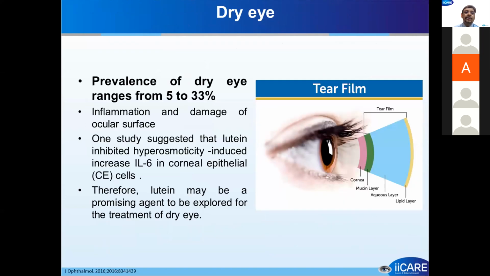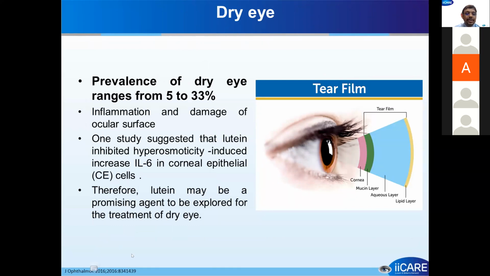Now, as we know, the prevalence of dry eye is increasing, and one of the reasons, again, is the increased screen time, which decreases the blinking rate and that also leads to dry eye.